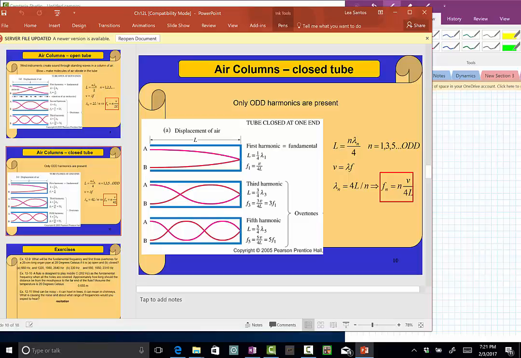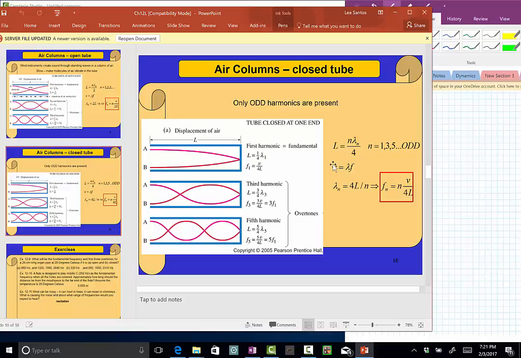The general equation is L, the length of the tube, equals N, where this N is only odd numbers, 1, 3, 5, 7, 9, and so on, multiplied by the wavelength. We put the little index there to indicate which harmonic we are dealing with, divided by 4. So this equation is different from all the other musical instruments that we saw.